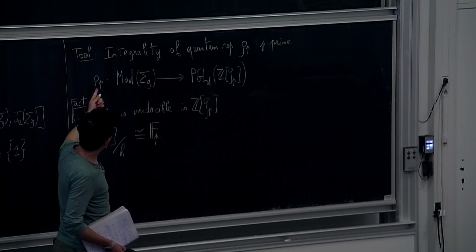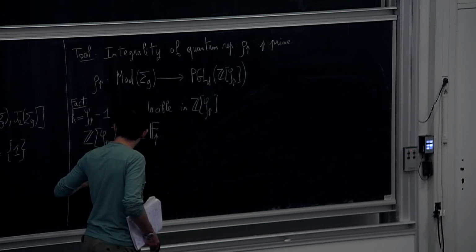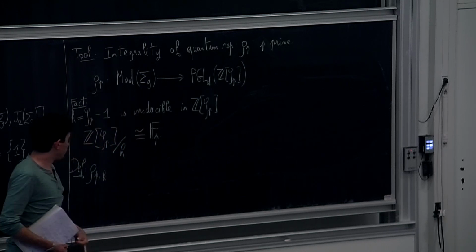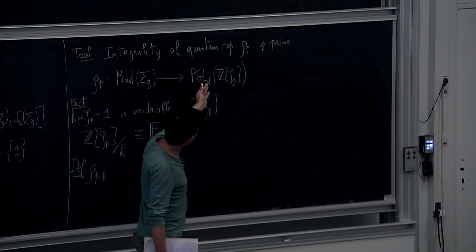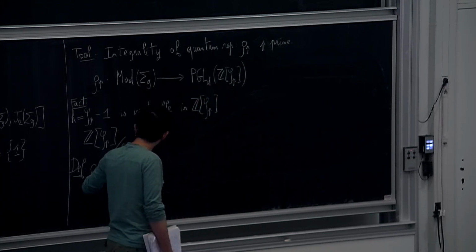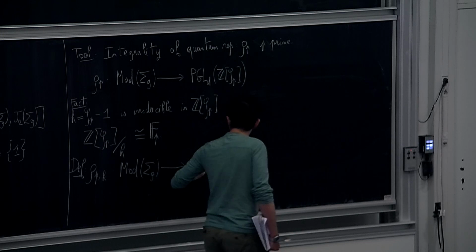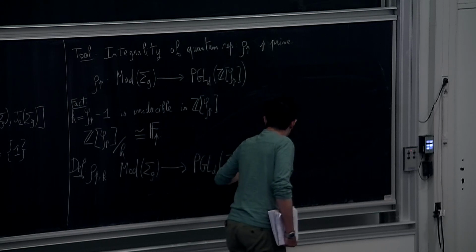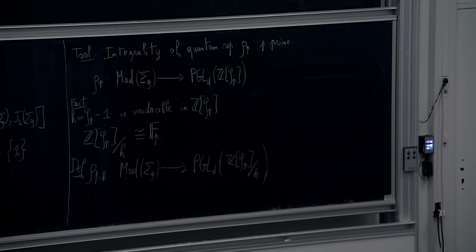And so here, to study both kernels, we will study versions of the quantum representation where we mod out by a power of h. So when we have a representation in here, this is a ring, and we can take the coefficients mod h to the k, and we then define such a representation from Mod(Σg) to PGL_d of Z of zeta p over h^k.